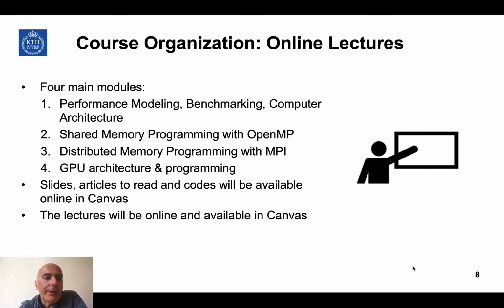The third module is the one that is most relevant how to program a supercomputer. It's called Distributed Memory Programming with MPI. So we will learn how to move data from one computing node to the other computing node via the network. Right? That's why I say this is the most relevant to supercomputing.